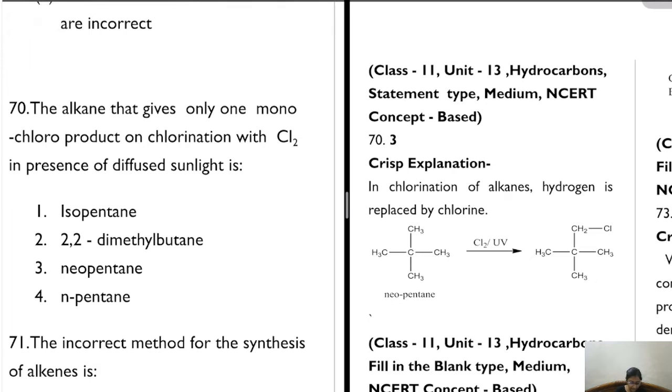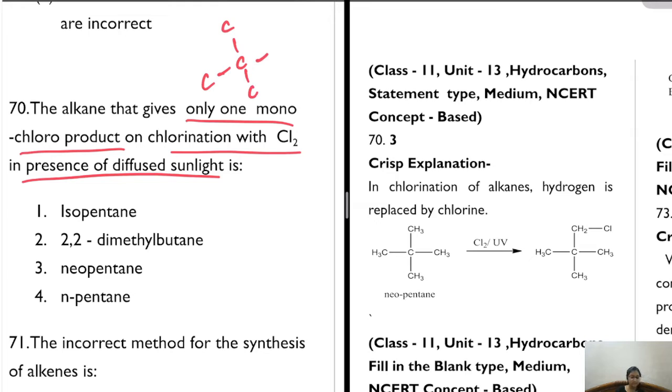The alkane that gives only one monochloro product on chlorination with chlorine. See, which type of alkane can give one? When all the carbons are equivalent, so chlorine attached to any carbon will give the same product. That is the case of this. I can attach chlorine on any carbon, here, or here.